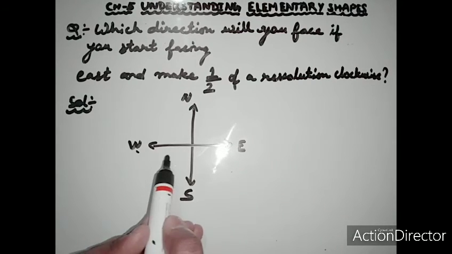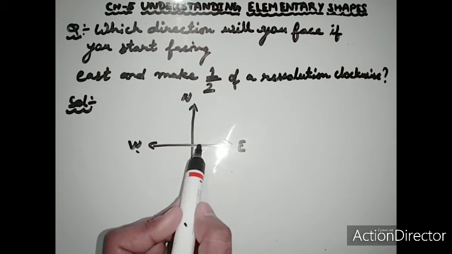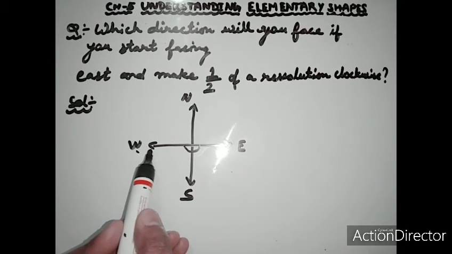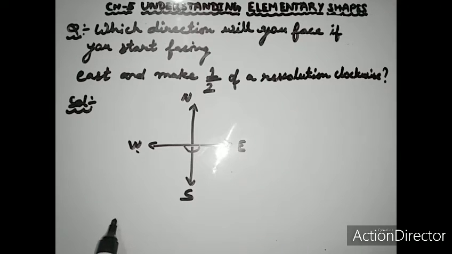Half revolution equals 180 degrees, so it moves 180 degrees from this point to this point, so it moves to the west side, right? So here we write west, right? Here we write west side. The face of the person is west side. The initial position is east side and the final position is west side here.